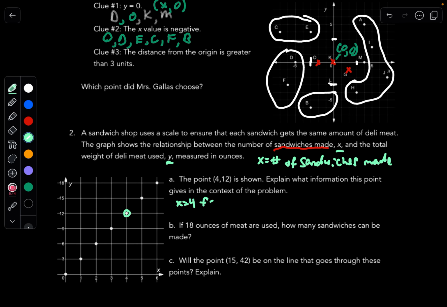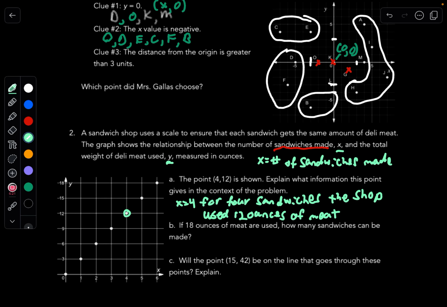So for 4 sandwiches, the shop used 12 what? Measured in ounces. So 12 ounces of meat. That's what that means.